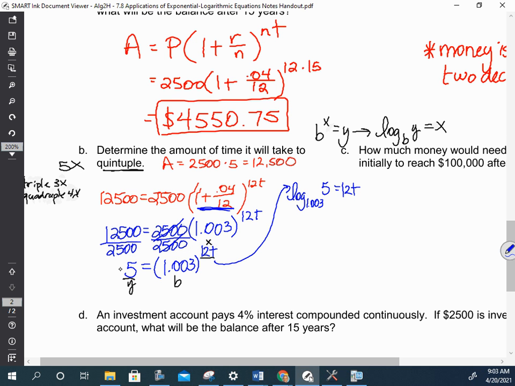We have the rewrite. So now we use the change of base formula for that part of the problem. Remember, change of base showed up quite a few times on the quiz that you submitted already. So with change of base, you have log of 5 divided by log 1.003.